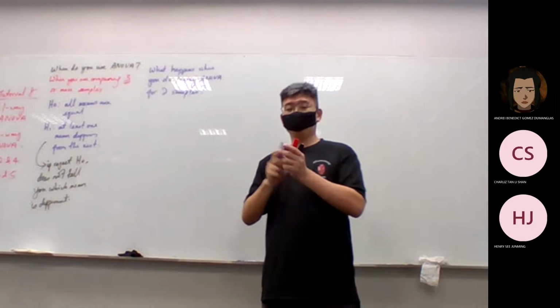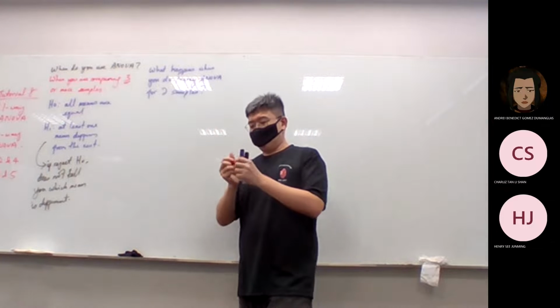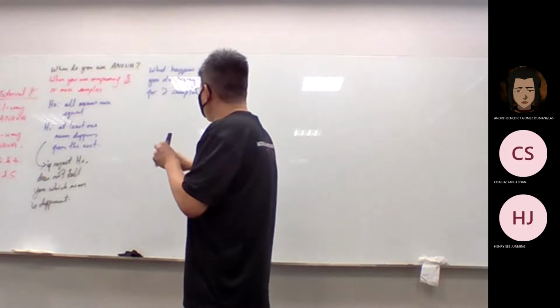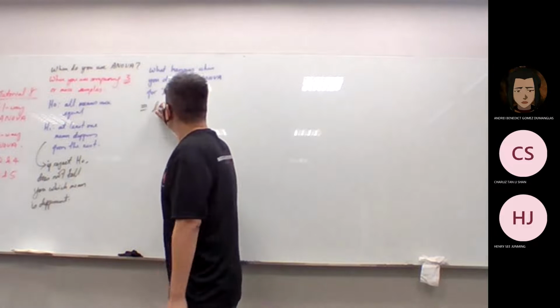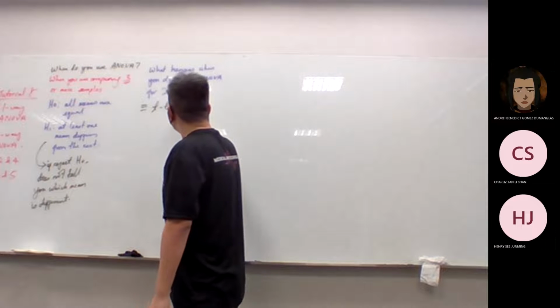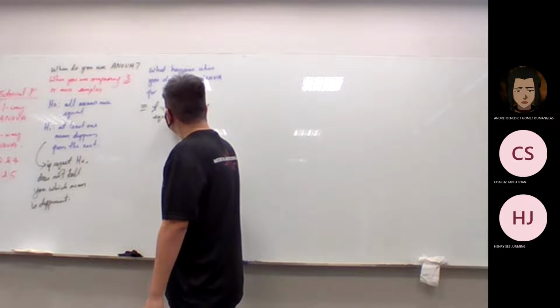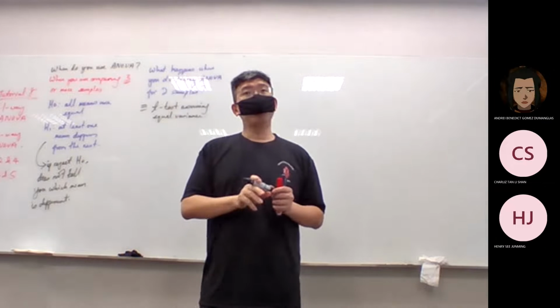If you do one-way ANOVA for 2 samples, in fact, during your lab session, you can actually try this. It is actually equivalent to a t-test assuming equal variance. It's mathematically the same.